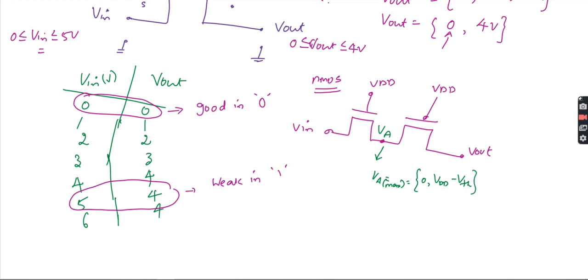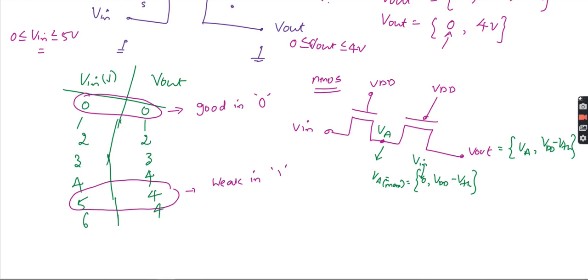Now what about Vout? Instead of 0, let me change this to Vin actually. Vin comma VDD minus VTH, because whatever the Vin, same thing I'll get. Correct? So Vin. Next here, VA comma VDD minus VTH. So the range of Vout also will be VA to VDD minus VTH.